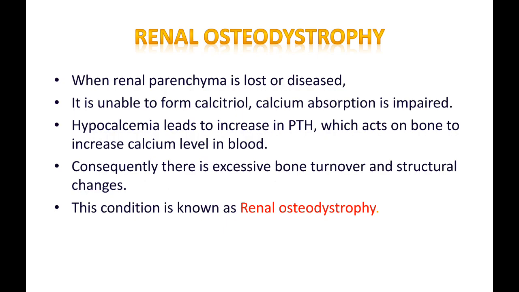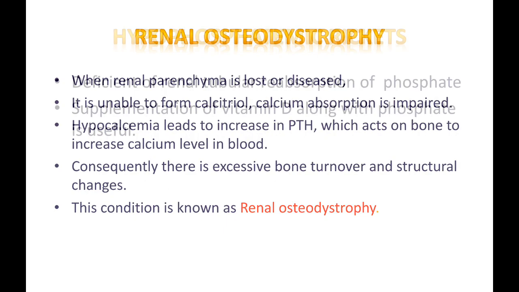Hypocalcemia leads to increased parathyroid hormone synthesis, which acts on bone to increase calcium levels in blood. Consequently, there is excessive bone turnover, structural changes and bone deformities. That's why this condition is called renal osteodystrophy.